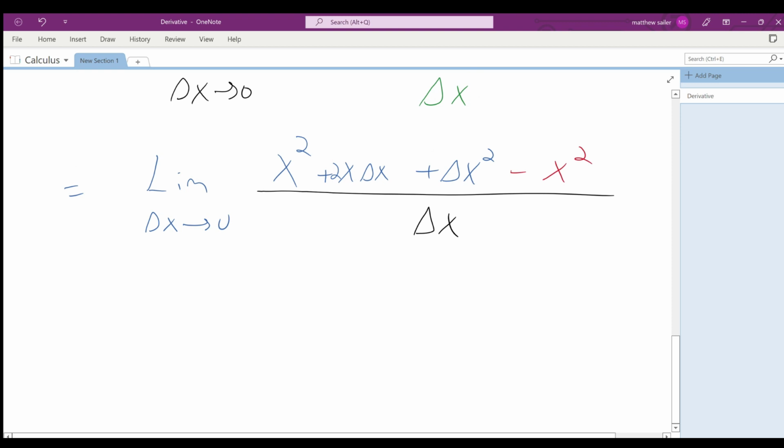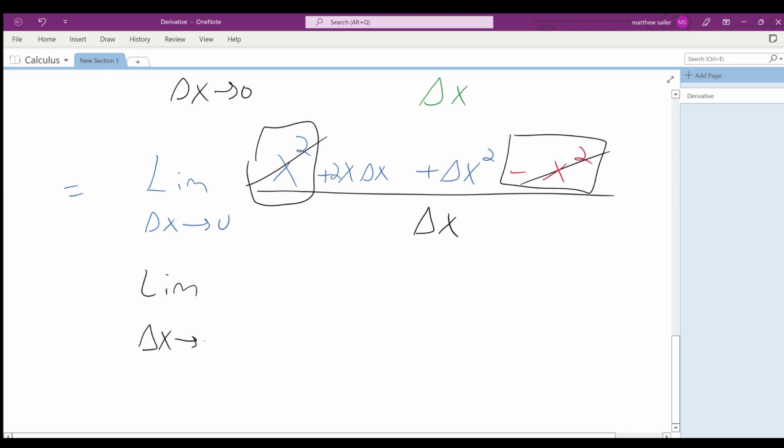Alright, we can simplify the top because we have x squared and a negative x squared, so they will cancel each other out. We will be left with the limit as delta x approaches 0 of 2x delta x plus delta x squared divided by delta x.